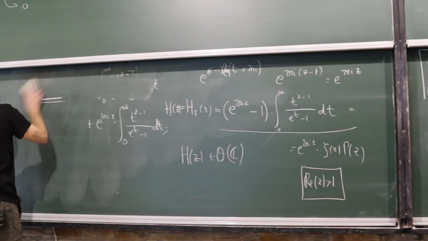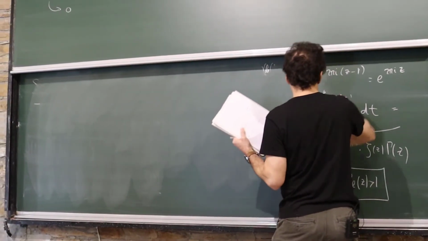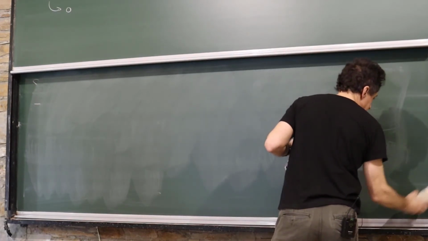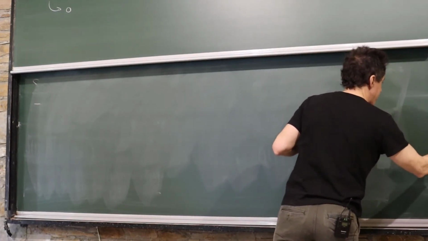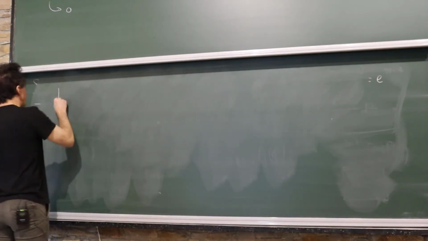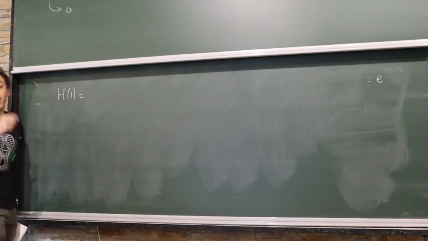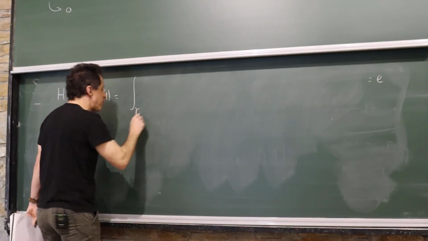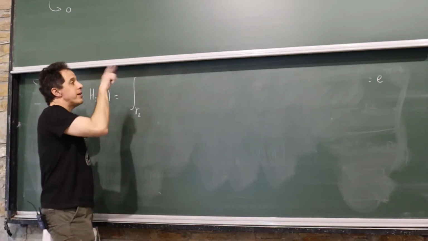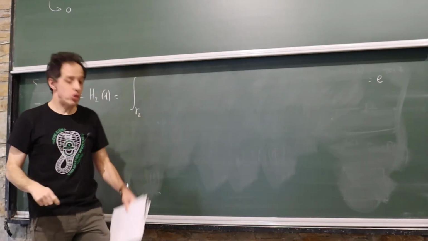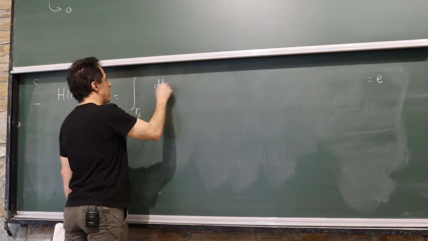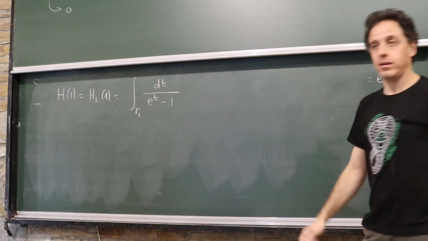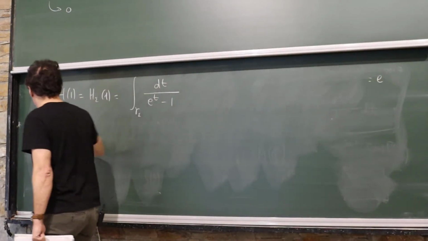The value of h at 1 can be very easily computed, because it would be the value of h epsilon at 1 for some small epsilon, and it is the integral of t to the z minus 1, so at z equal to 1, it would be this integral.